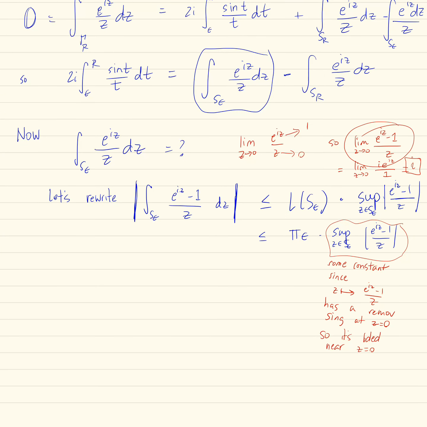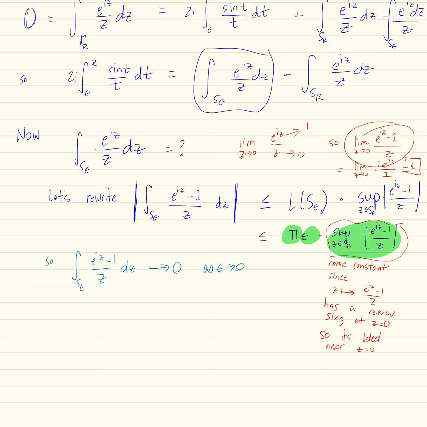That tells us that the integral over S epsilon of e to the iz minus 1 over z dz goes to 0. Why? As epsilon goes to 0, because it's less than a constant times epsilon, right? Let epsilon go to 0, this magnitude is going to 0, so the complex numbers inside of there must be headed towards the origin as well.